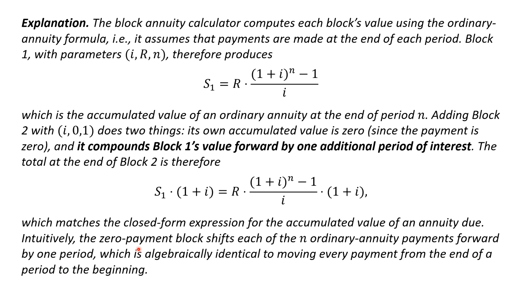Okay, so it's kind of clever to be able to do annuity dues without creating another calculator and just using the block annuity calculator. I'll have an example on the next slide, the first exercise actually, that'll give you an opportunity to test this approach.